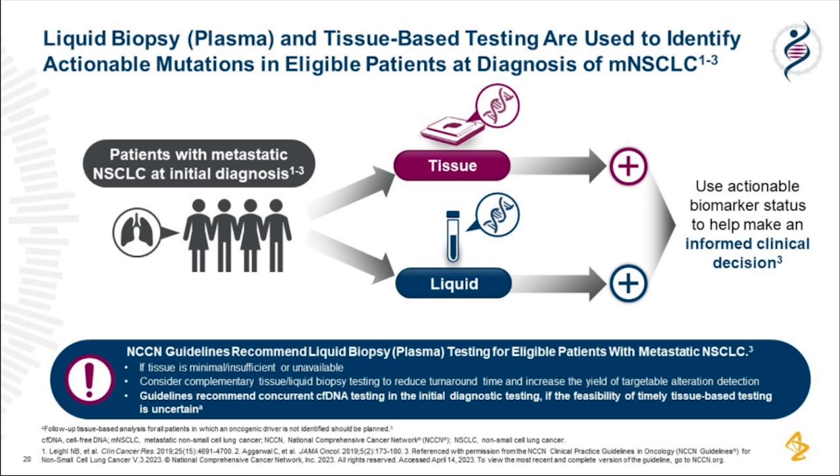Too many patients receive first-line therapy without an actionable biomarker diagnosis or without the molecular results. And of course, NCCN guidelines recommend liquid biopsy testing for eligible patients within the metastatic non-small cell lung cancer setting.